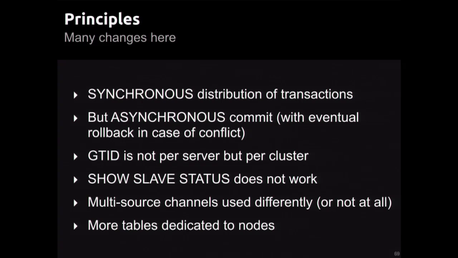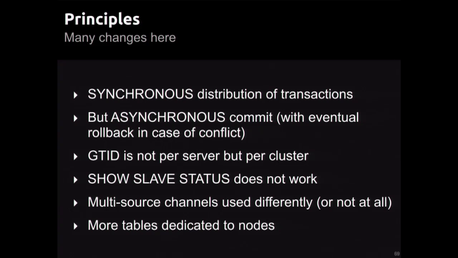So it says synchronous. What is synchronous in group replication? Synchronous is the distribution of the transactions. So at the same time, the transactions are received by all nodes. However, the execution of these transactions is not synchronous.